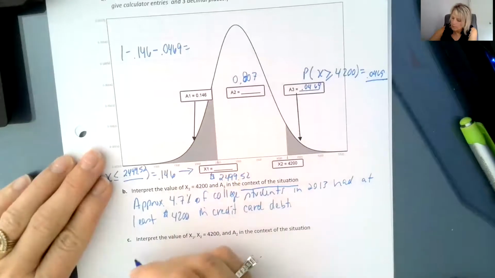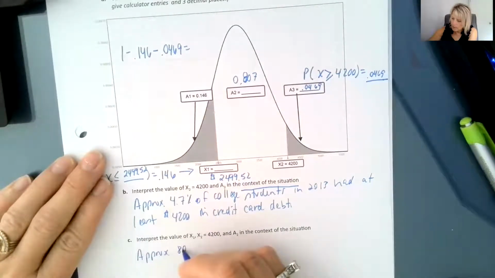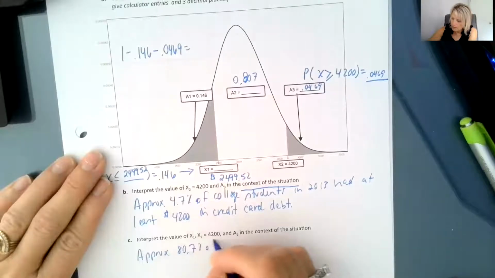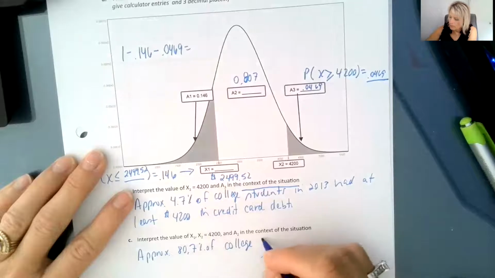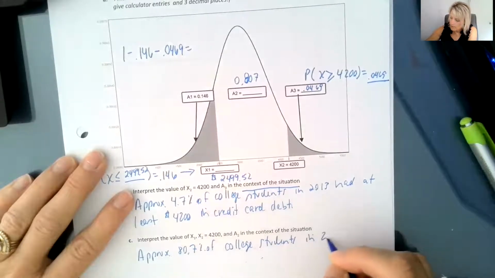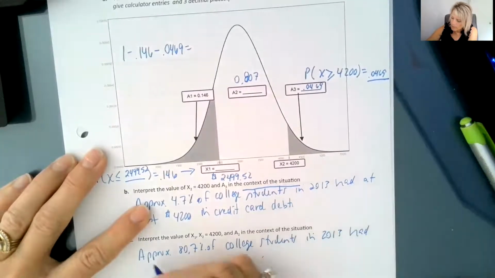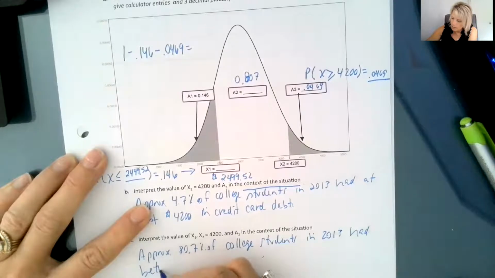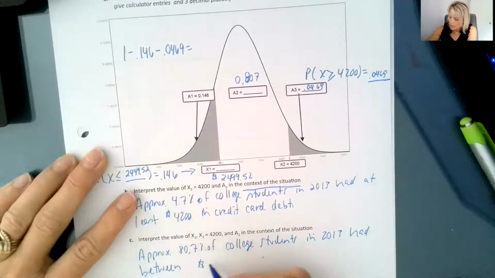So approximately 80.7% of college students in 2013 had between, because now we're between two values, between $2,499.52.